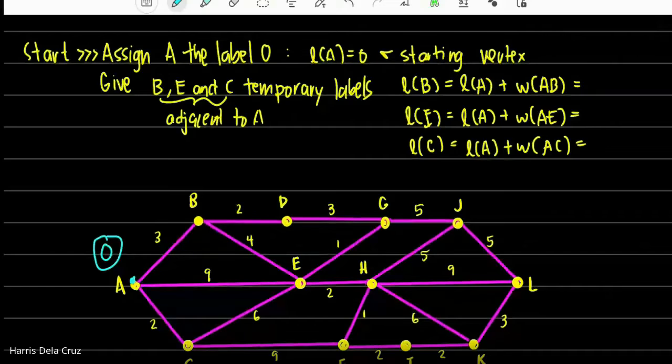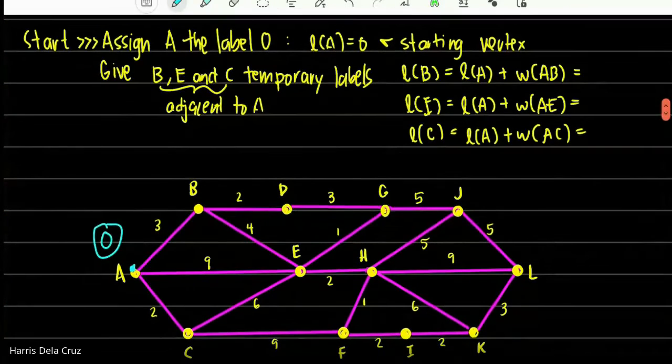So, lalagyan natin ng temporary label yung mga vertices na yon. So, paano natin lalabelan? Ang magiging label nun ay label nung preceding vertex plus yung distance na kakailanganin para marating yung vertex na lalabelan natin from the preceding vertex.